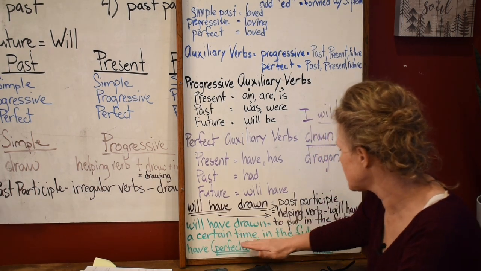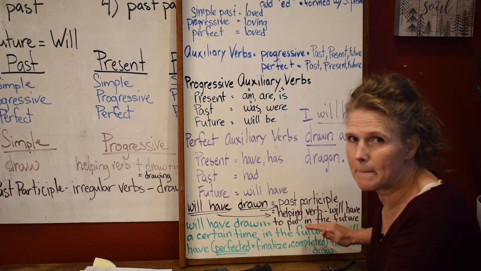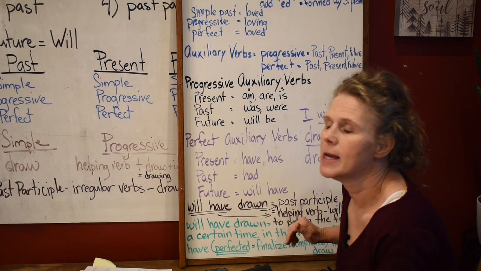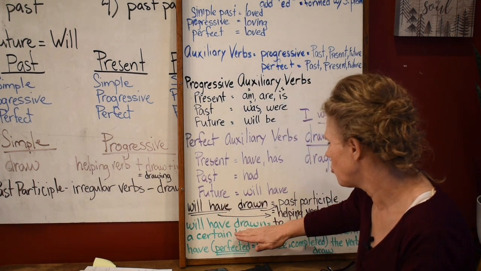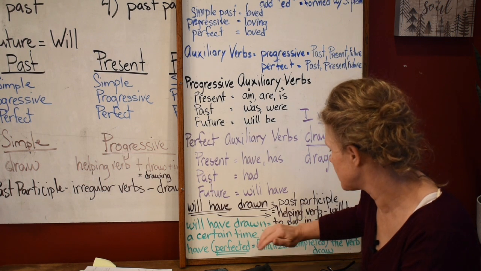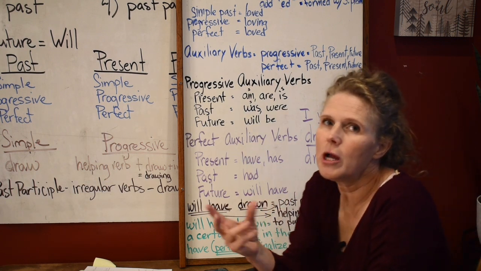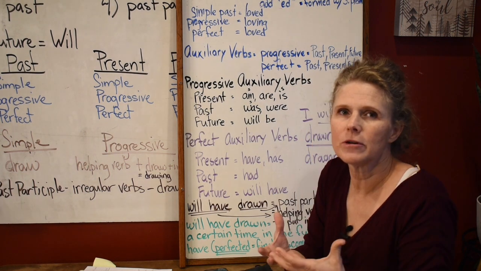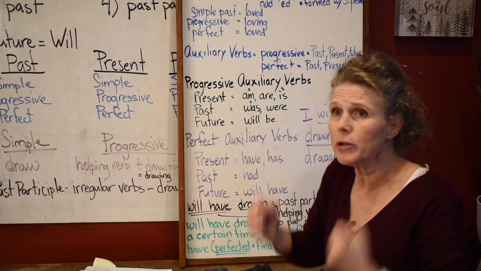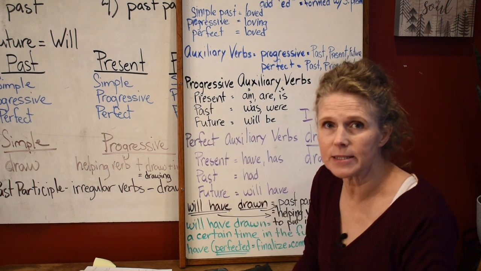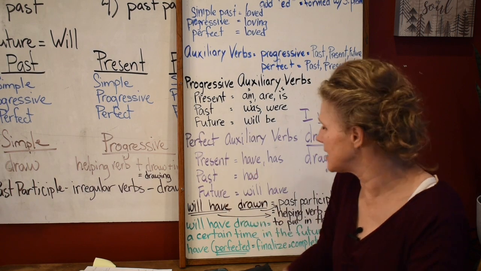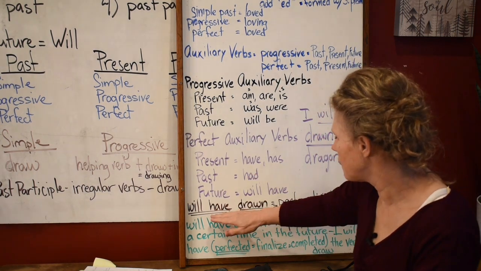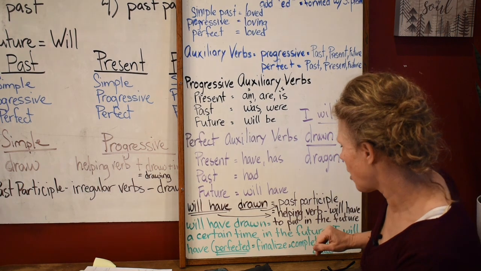Now, will have drawn means a certain time in the future. That's what that means. A certain time in the future you will have drawn. Now, if you're not understanding what the verb have means, what does the verb have mean? It means you have. You own it. You possess it. Okay? You're possessing that have. You're possessing the drawn.